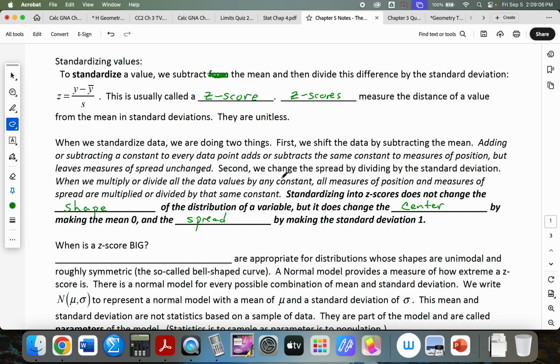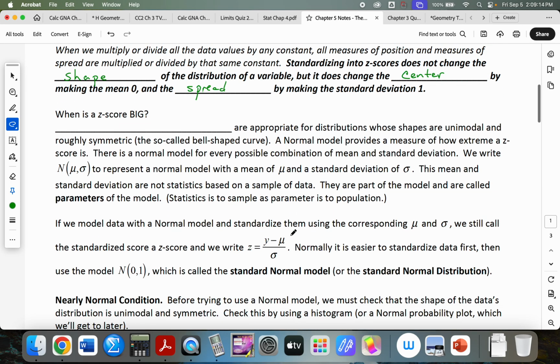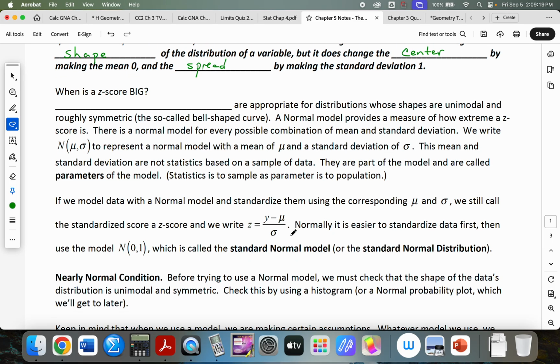Shape's going to be the same. So, when is a z-score big? We'll talk more about that in a moment.